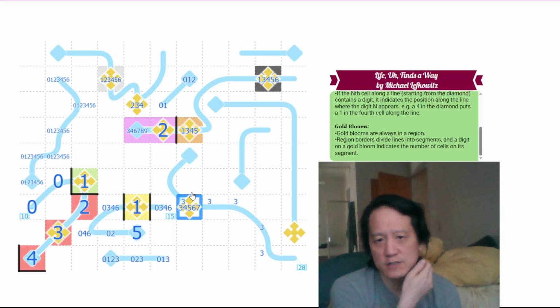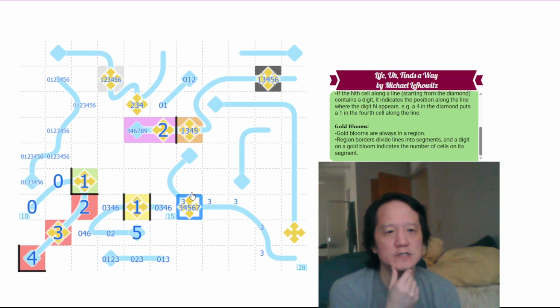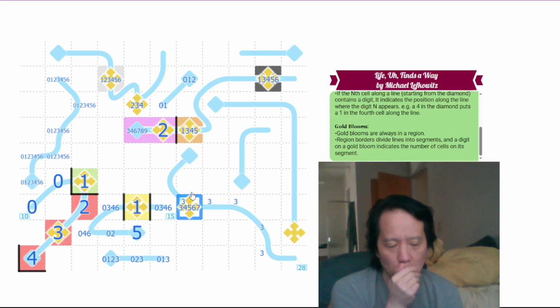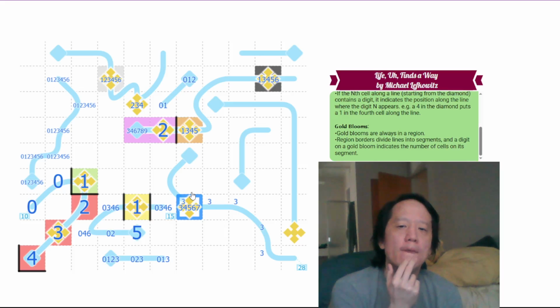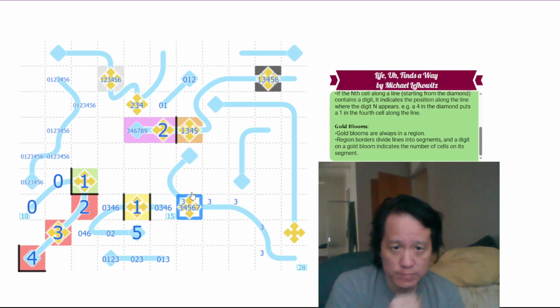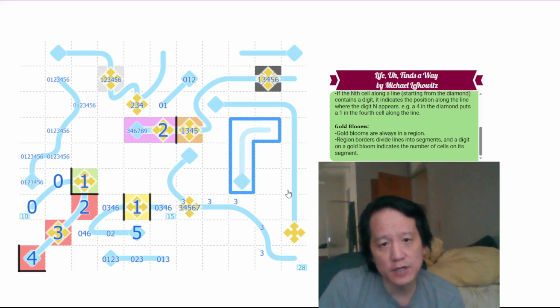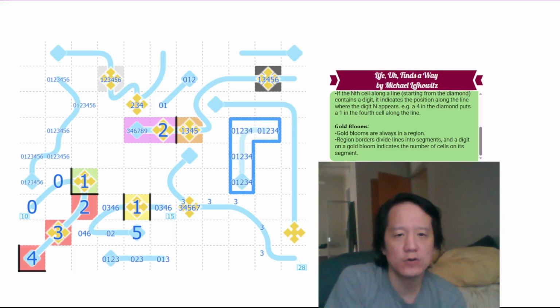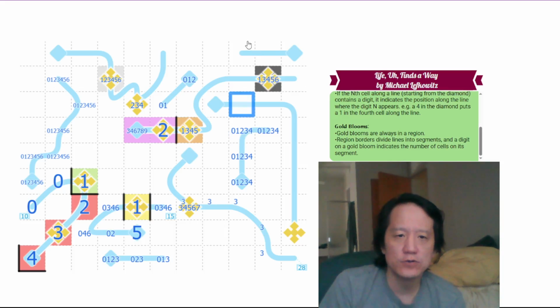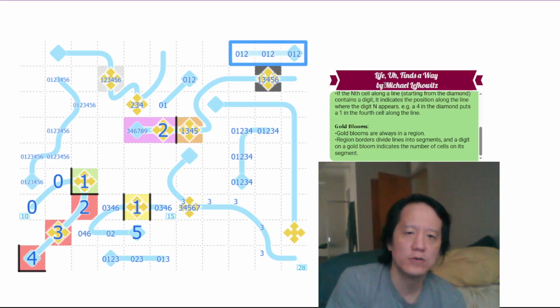Interesting. Okay, so region borders divide lines into segments. These digits again, 0, 1 through 4. 0, 1 through 3 here.